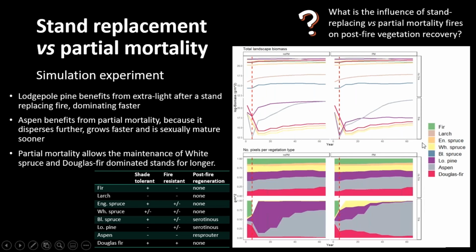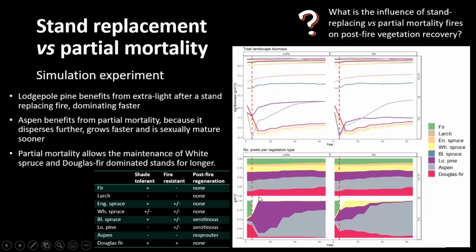On this next graph, what we see different is what is able to be maintained in the landscape in terms of dominant vegetation. Basically, we see the number of pixels, and I'm sorry, I think the y-axis label is not correct. It's the proportion of pixels that have a certain species as the dominant species.